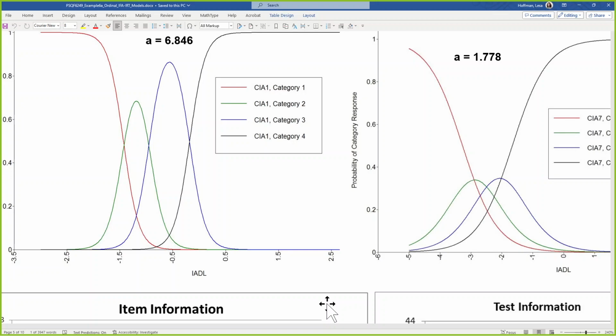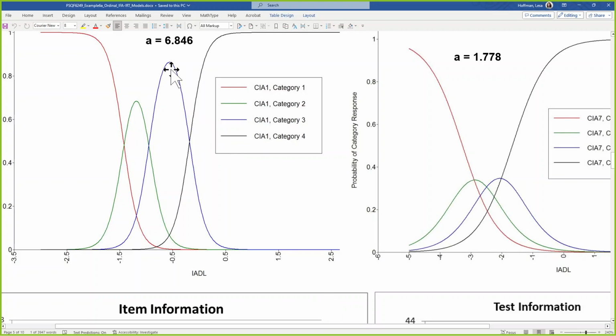I meant for one, but the other is in there too. So the fact that the one on the left is steeper than the one on the right, what does that do? Yeah, discrimination is the steepness of these things. Worst case scenario is that they're all flat, meaning no matter what your theta is, you have about the same probability of answering each category.